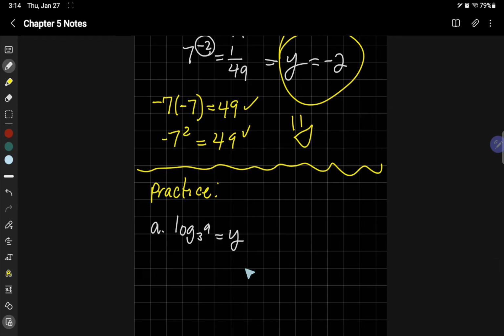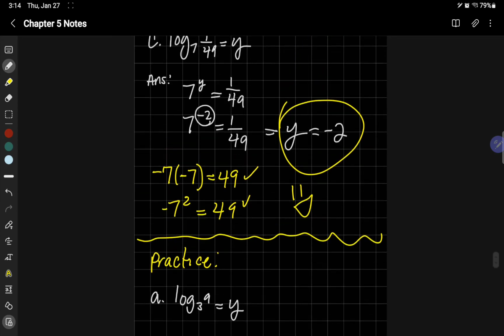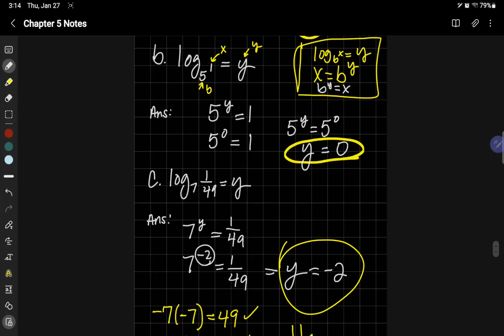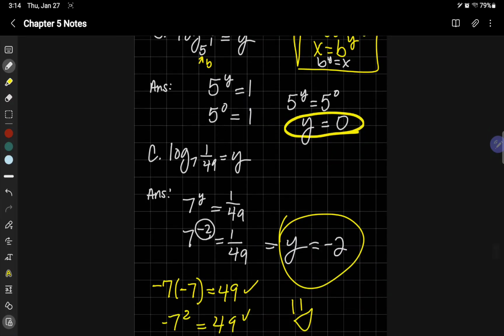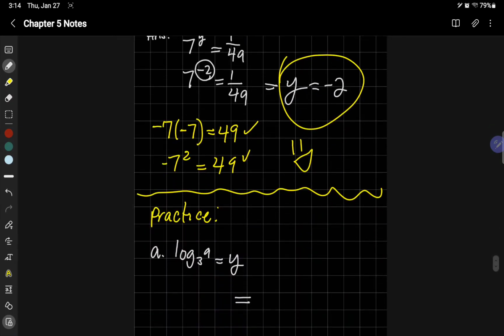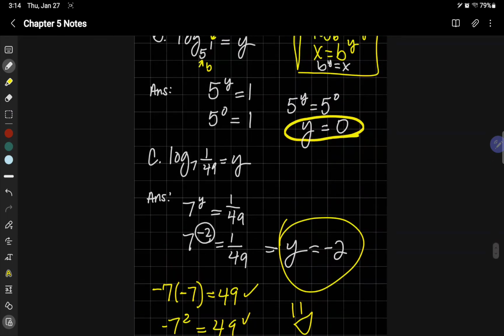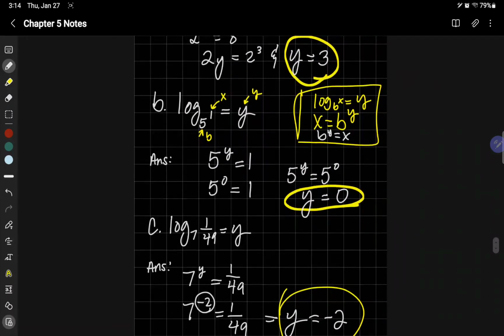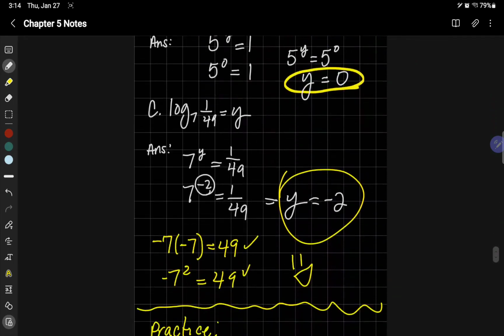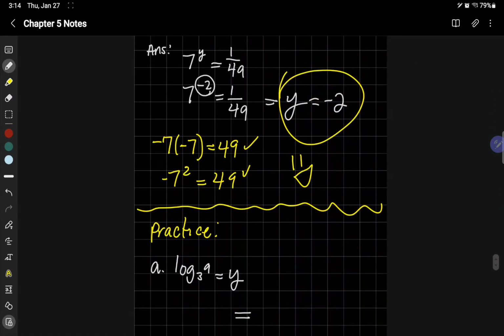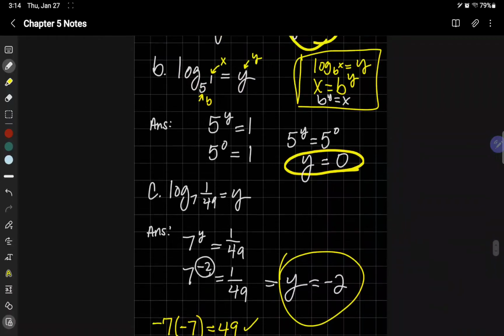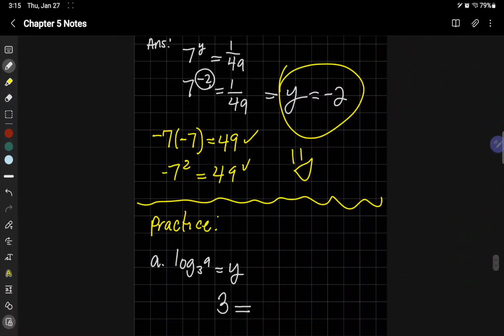Okay, so we're gonna put our equal sign. We're gonna take the base, just 3. Let's put another side. I don't want to be confused again. 3.